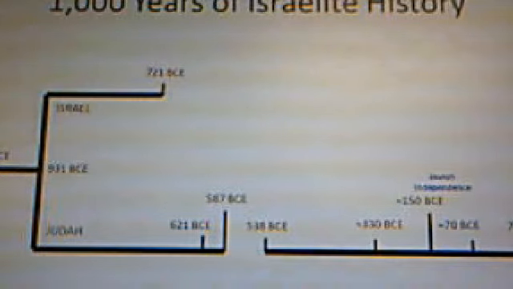Again, don't write this down. You do not need to know all this. I am not going to test you on dates, but I will probably give you a timeline as a reference on the next test to help you identify the major events and empires that influenced ancient Israel's history.